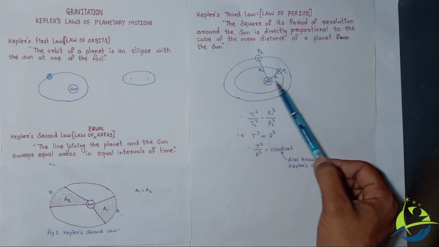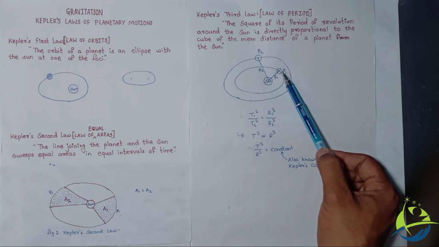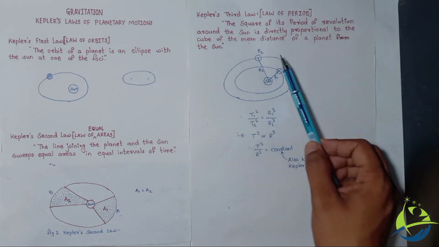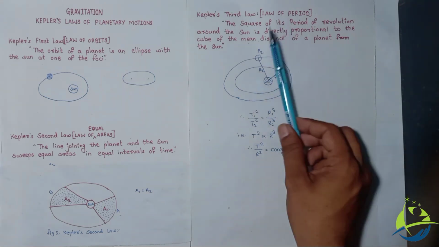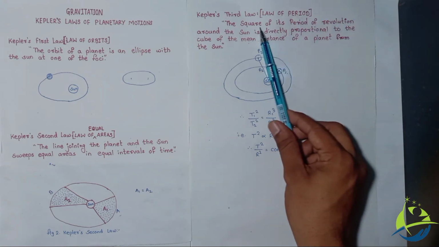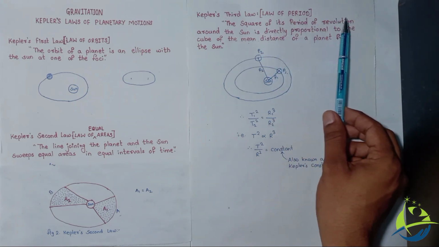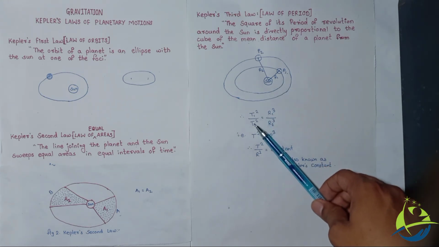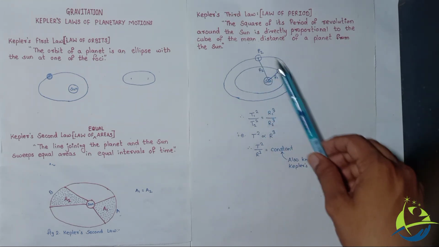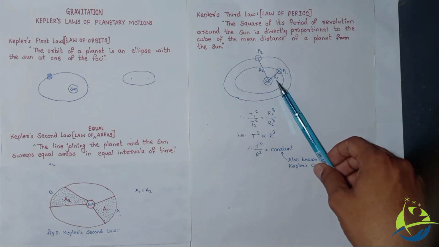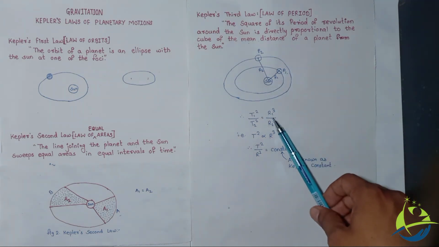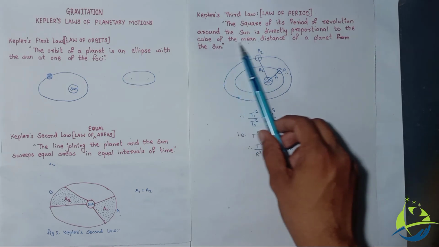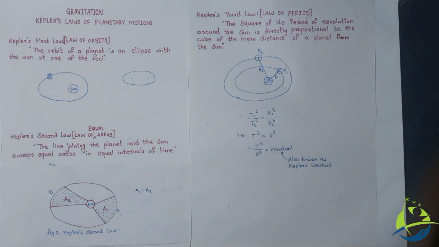Now suppose the time period for P1 is T1 and for P2 is T2. As per this law, the square of the period of revolution, meaning T1 square and T2 square, is a ratio because here two planets are there. Now the distance of planet P1 is R1 and its cube, the cube of the mean distance, means R1 cube.